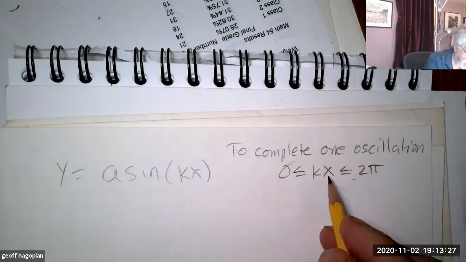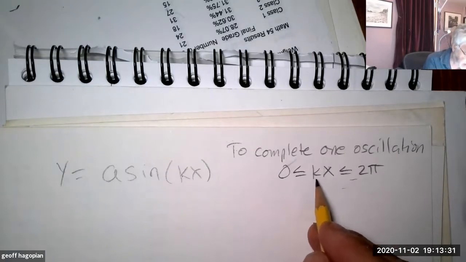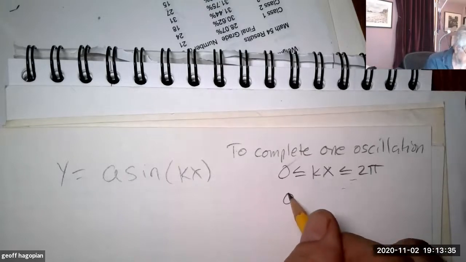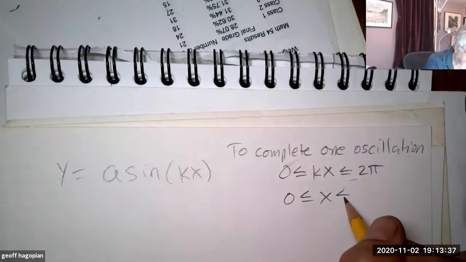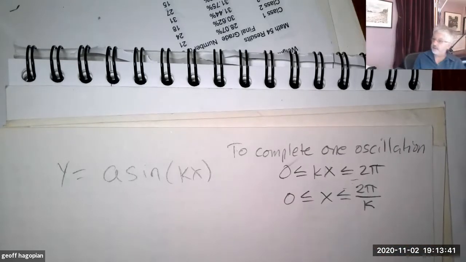And what does that mean x does? Well, we can divide all three members by this positive number k, presuming k is positive here. We get the equivalent inequality: x is going between 0 and 2 pi over k. So that's the period of oscillation.